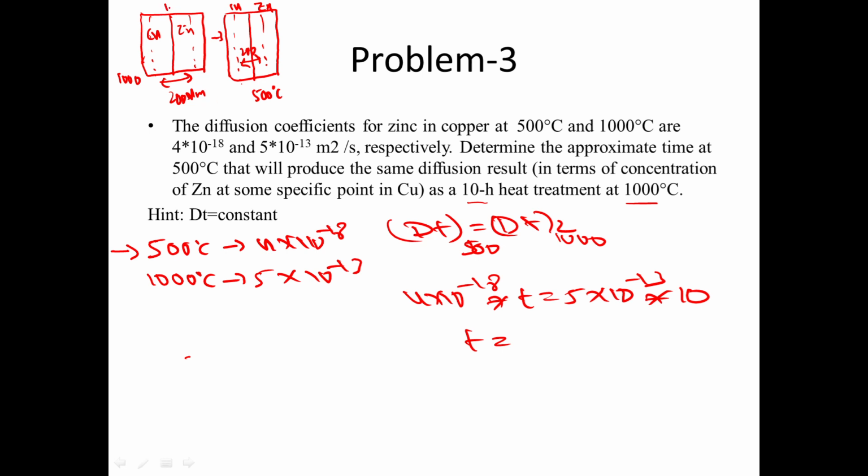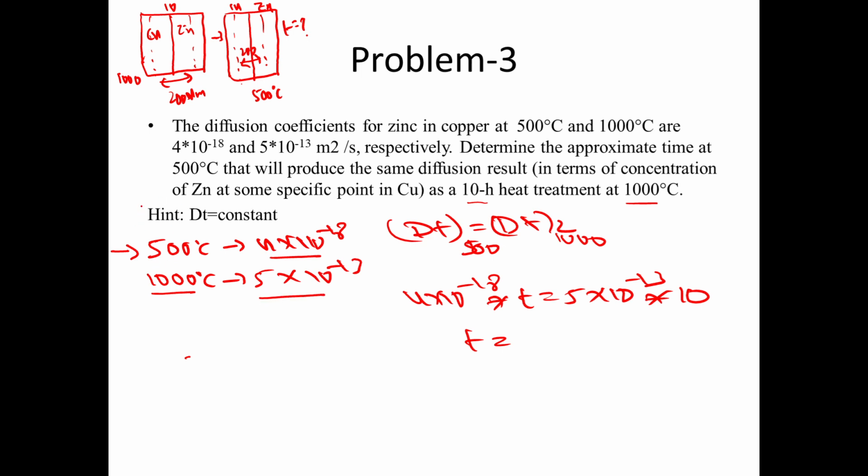Here it takes 10 hours, but how much time will it take to produce 200 micron of diffusion depth? At 500 degrees Celsius he has given 4 × 10 to the minus 18, and at 1000 degrees Celsius, 5 × 10 to the minus 13.